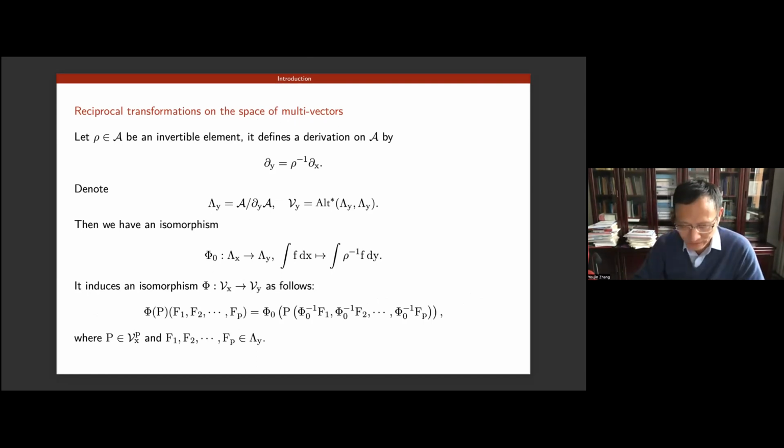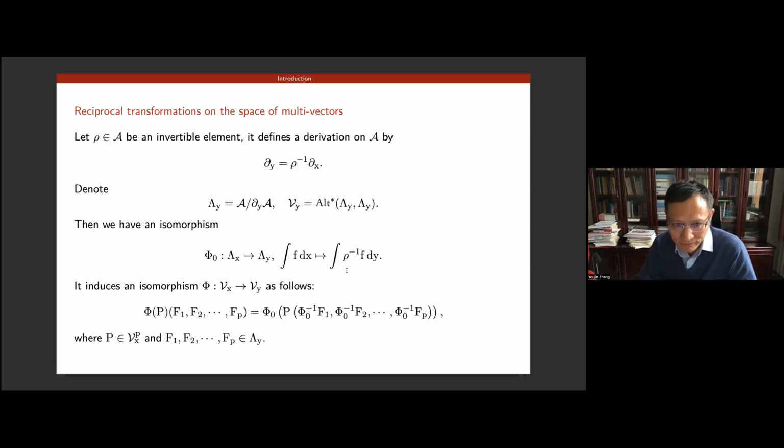So if we have an invertible element of the space of differential polynomials rho, we can perform a change of the spatial coordinates by the formula dy equals rho inverse dx, and we can define this new space of local functionals Lambda y. Then from the original space of local functionals, we have a natural map to the new space of local functionals.